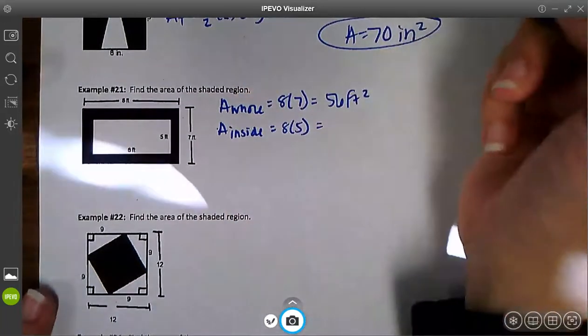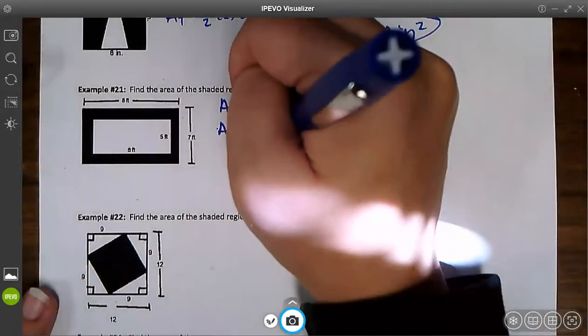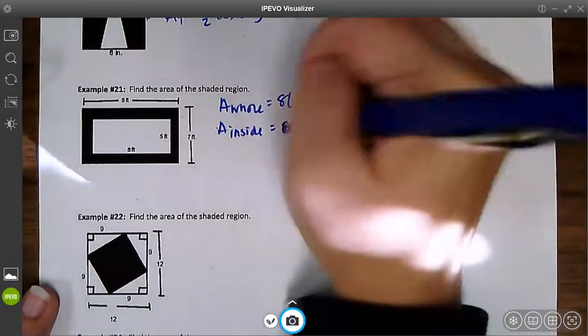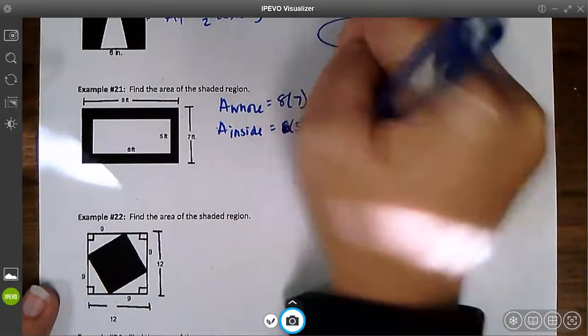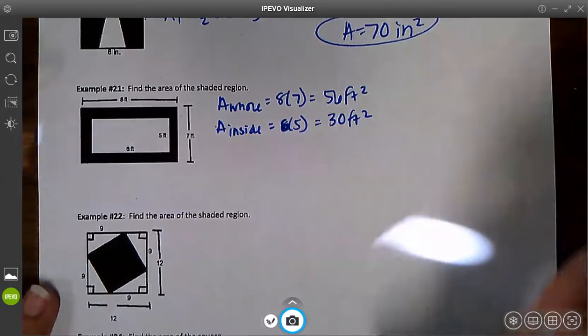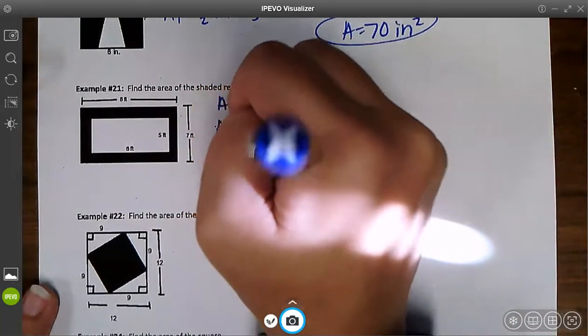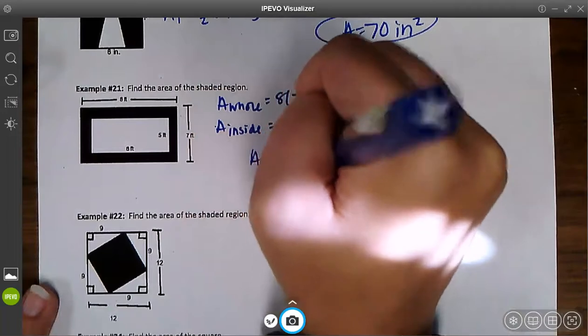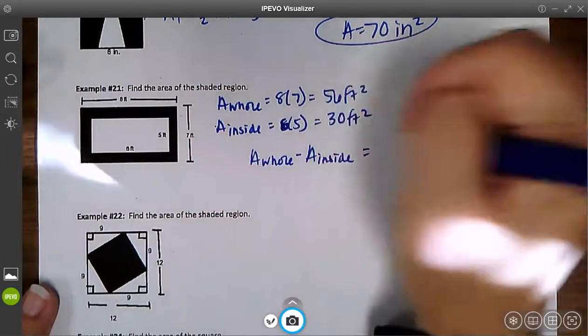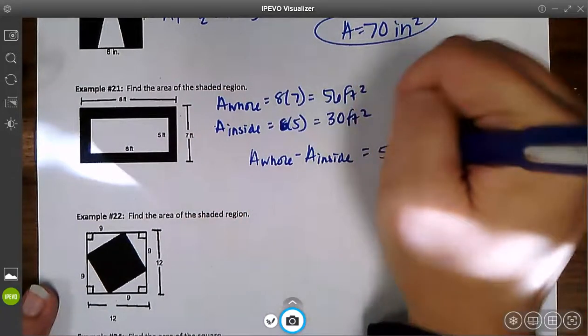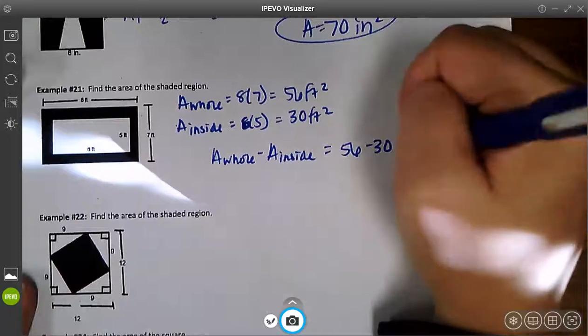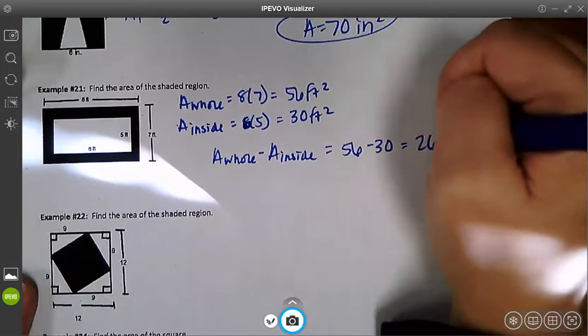Oh, I'm sorry, not 8. 6 times 5, which is 30 feet squared. So then I'll subtract the area of the whole minus the area of the inside, which will give me the area of the shaded region. So 56 minus 30 gives me 26 feet squared.